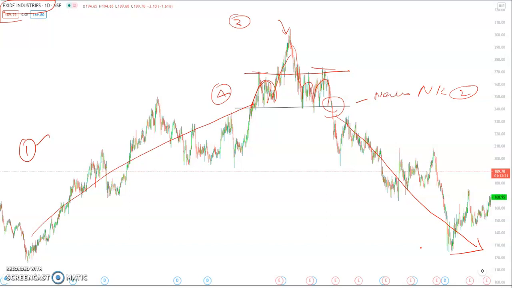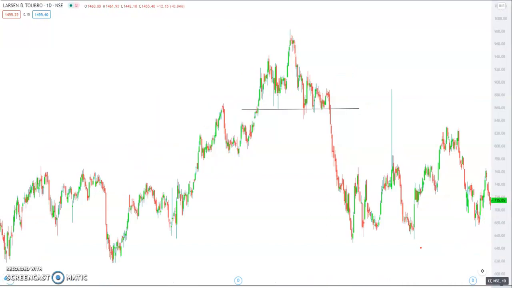This is one example, and another example is L&T. The market is in uptrend, it is a narrow neckline, head is bigger than the left and right, and there is an overlap, there is a breakout, and see the downfall. And the exit, I forgot to mention about the stop loss and target.